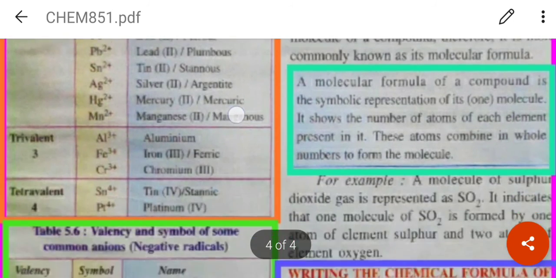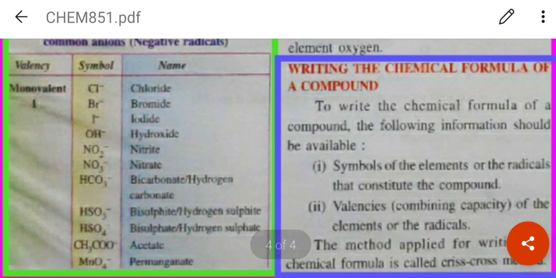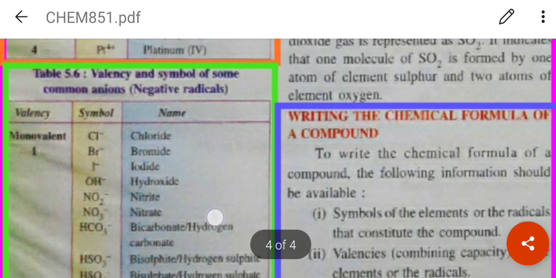Now, if we take bisulfate, okay, its valency is -1 and formula HSO4, also called as hydrogen sulfate. Sulfite is SO3, so bisulfite is HSO3 minus, also called as hydrogen sulfite, whose valency is -1.